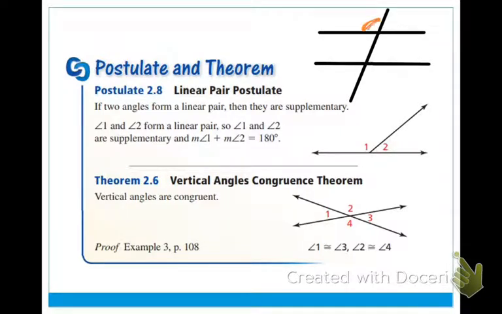All right, angle 1 in your picture. I'm just going to draw on the top. Angle 1 will be vertical with what other angle? 4. Angle 1 and angle 4, I agree. What about angle 2? Angle 3, those are vertical.